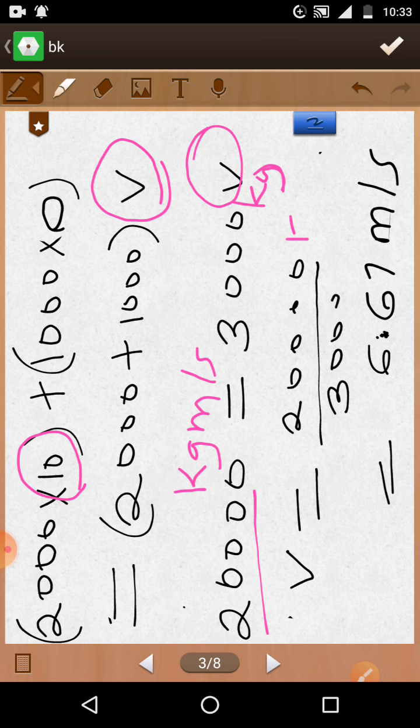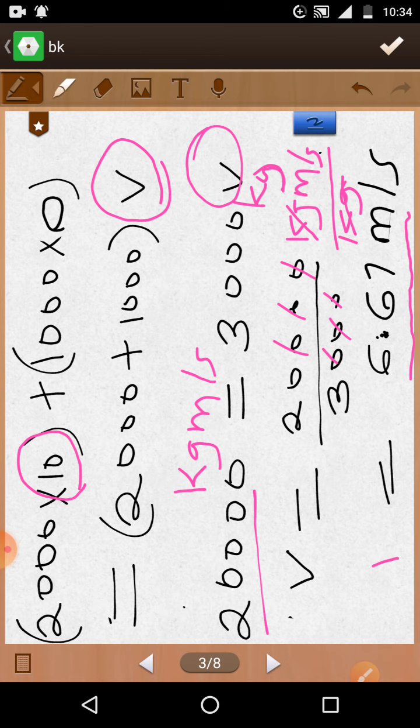This is kilogram meters per second over kilogram, so kilogram cancels with kilogram, and we obtain meters per second. Then you divide 20 by 3 to get 6.67 meters per second. This is the common velocity that we are required to find.